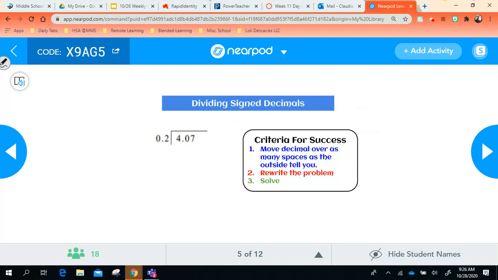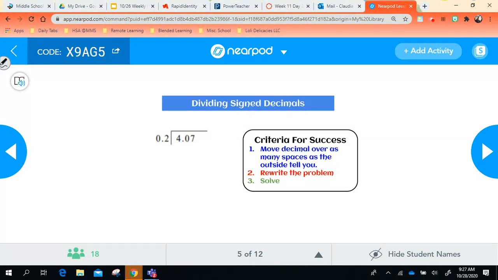Okay, first step, we want to move the decimal over as many spaces as the outside tells you. So here we have 4.07 divided by 0.2. If my number on the outside were a whole number with no decimals, then I don't move the decimal inside.